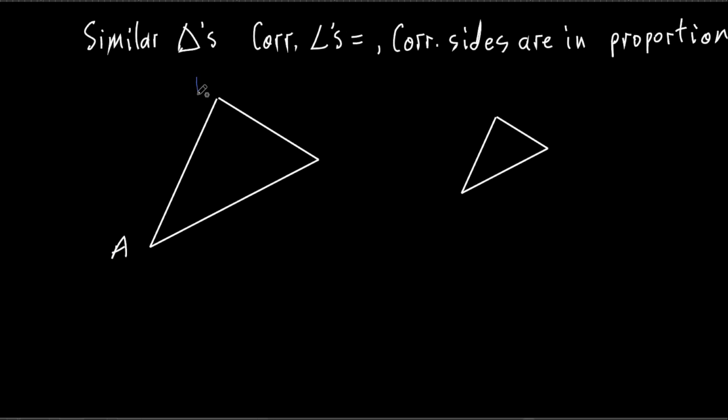Again, let's go ABC again. And let's go DEF. Okay? And let's change colors. All right, what if I said that angle A equals angle D, angle B equals angle E, and angle C equals angle F? Is that enough to say that they are congruent?